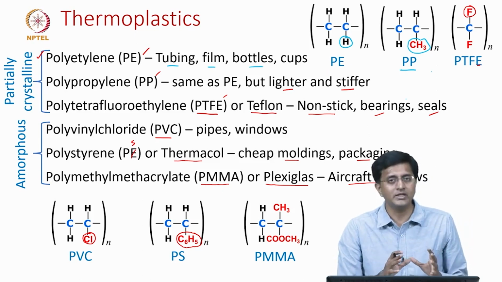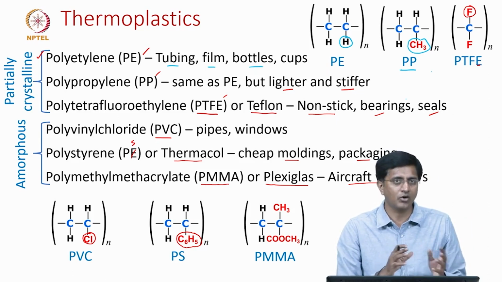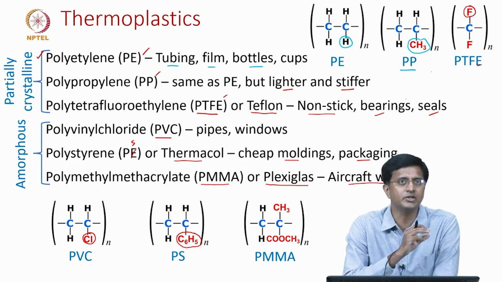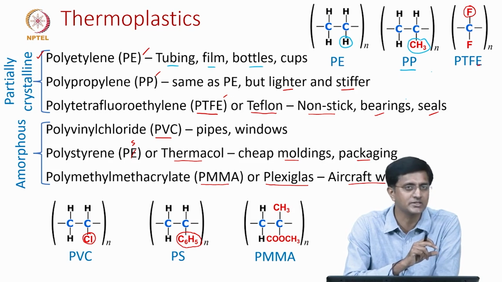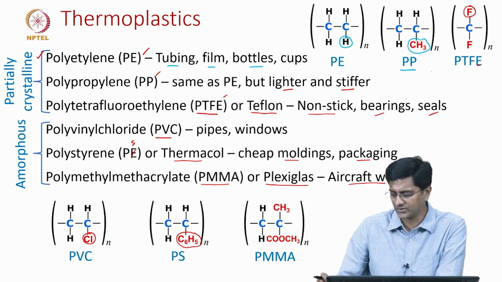So what we see here is not all thermoplastics are partially crystalline, nor are they all amorphous. They vary depending on their chemical structures. If the chemical structures are simple, they fall into the partially crystalline category, whereas if the chemical structure is slightly complicated, then they follow these amorphous forms.